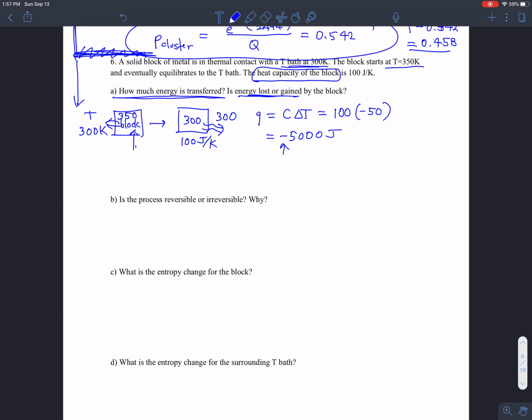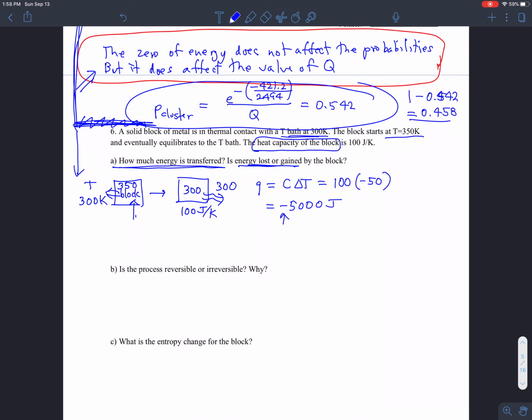Well, the easiest test for whether something's reversible or irreversible is usually to look at all the thermodynamic forces that are involved. If the thermodynamic forces are always balanced at all points during the process, then it's reversible. If any one force is unbalanced at any point during the process, then it's irreversible. In this case, the force in question is the temperature, right?